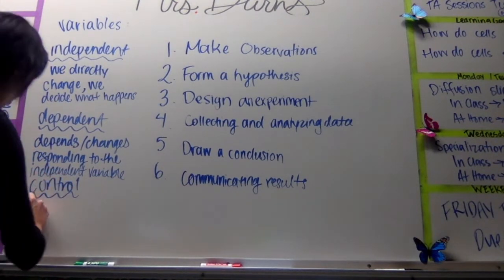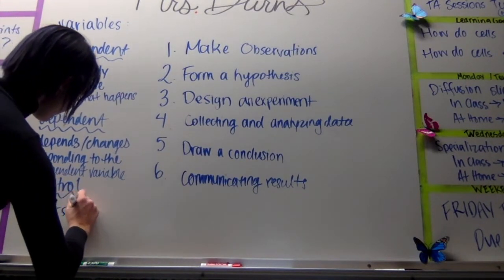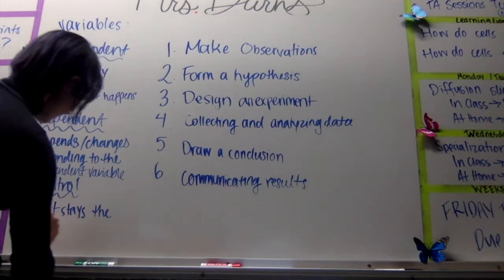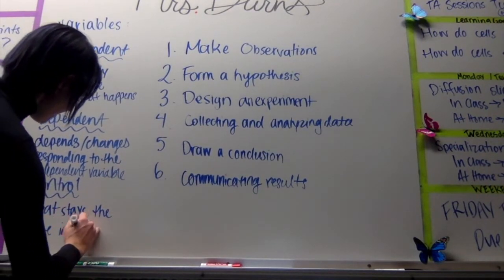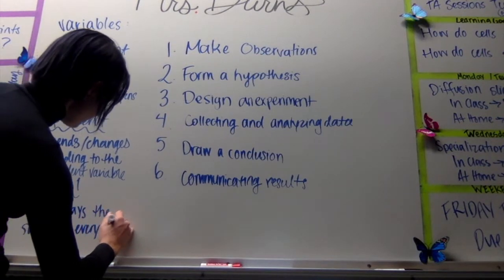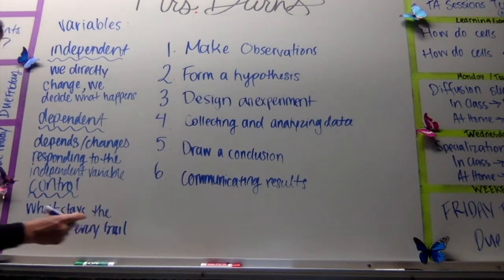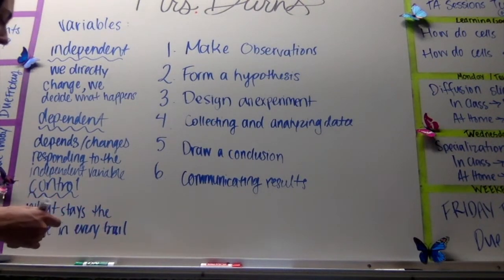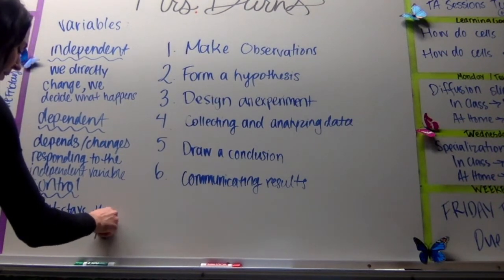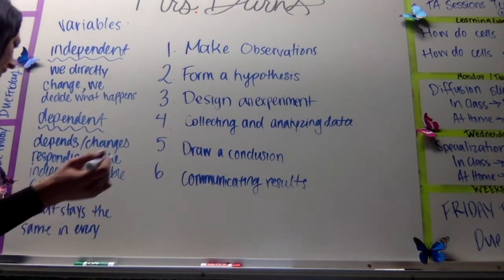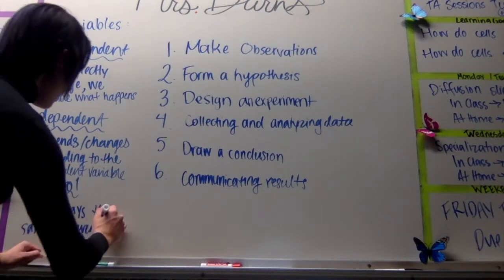And finally, the control is what stays the same in every trial. So this would be, for example, if you're doing hot water versus cold water, well, you want it to be the same temperature, hot and cold, right? You don't want some hot to be like 90 degrees and other hot to be 100 degrees unless that's the variable that you're measuring.